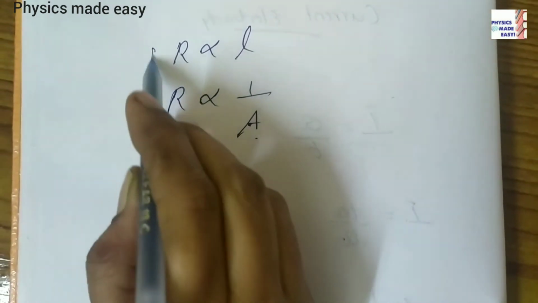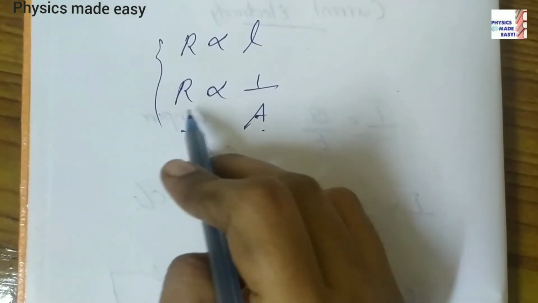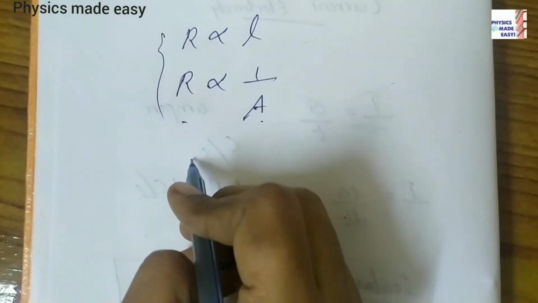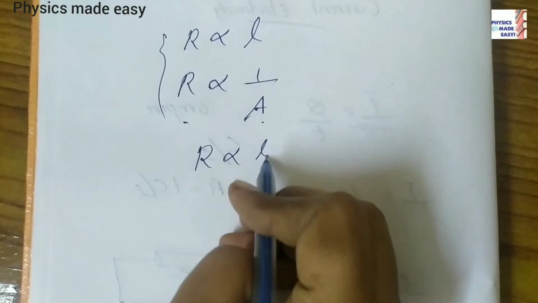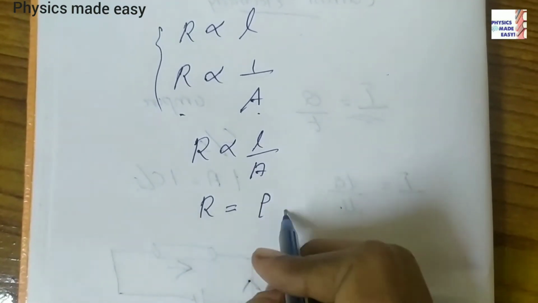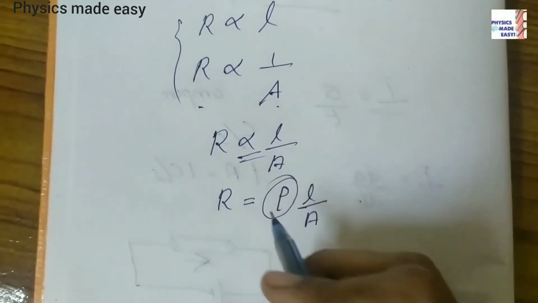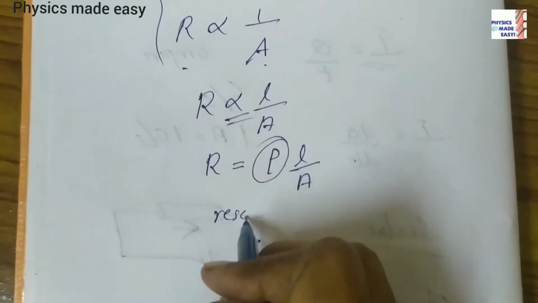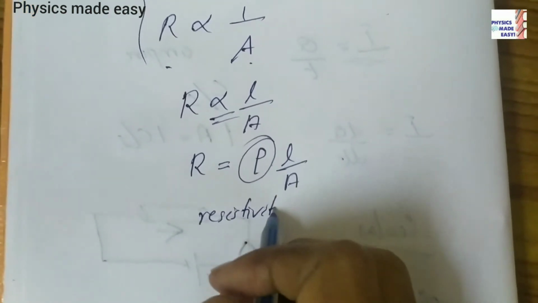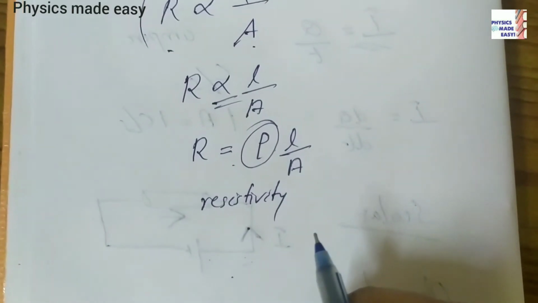First two we can write as expressions this way: R proportional to L and R proportional to 1 by A. If we combine these two, we can write R proportional to L by A. This is equal to R equals rho L by A. Here this proportionality sign can be removed by this constant rho, and this rho is known as resistivity or specific resistance. So here R is equal to rho L by A.